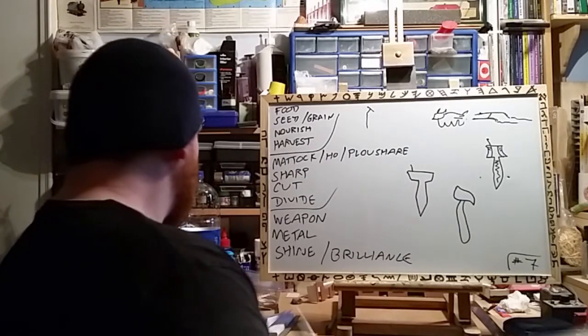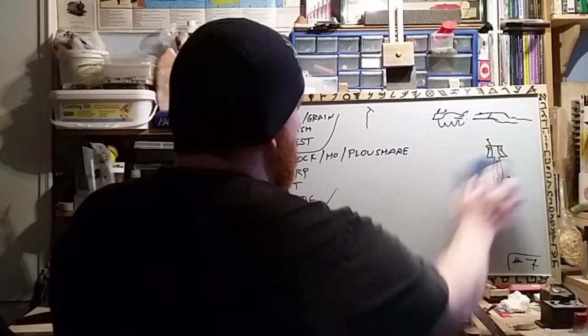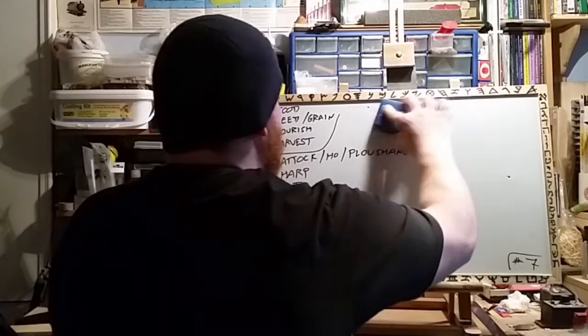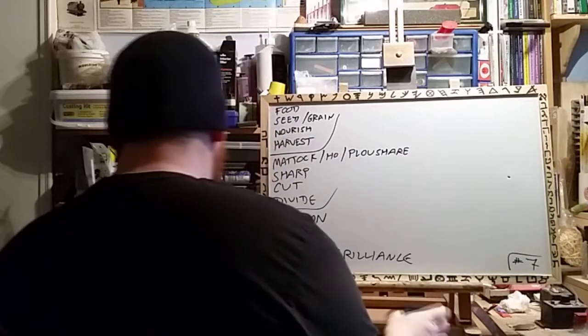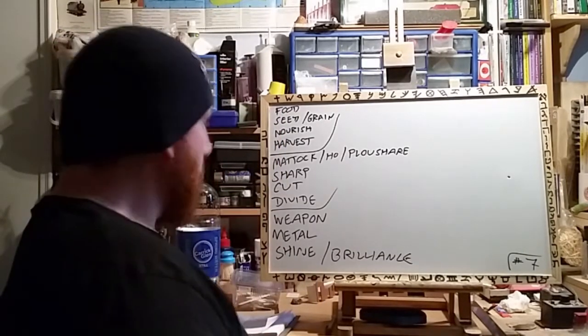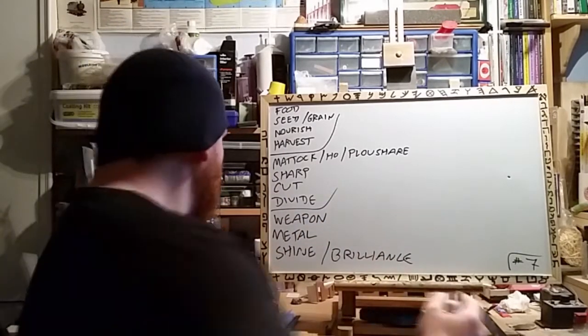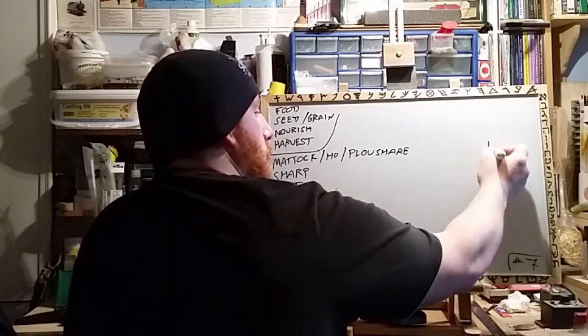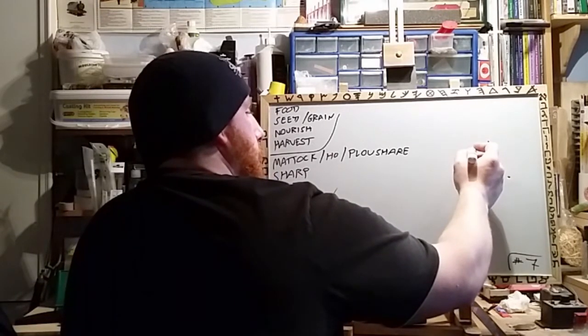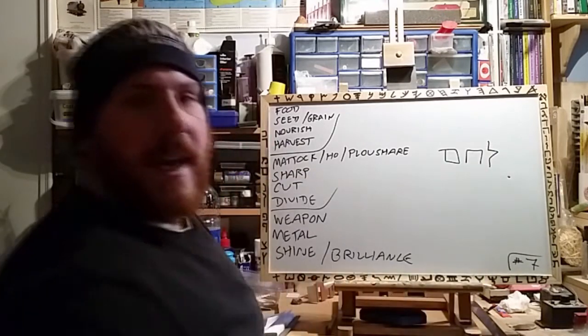Hopefully it'll help. Now, something else. Did a bit more research. There's lots of links to this idea of food and weapons joined together. And get this word here. Lechem.